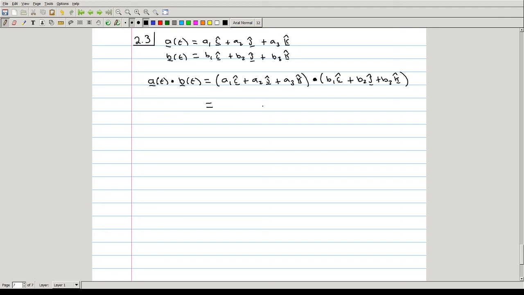And using our normal laws of the dot product, it obeys the normal laws of algebra, in which case we can expand this out, and it'll be a1 b1 i dot i plus a2 b2 j dot j plus a3 b3 k dot k.